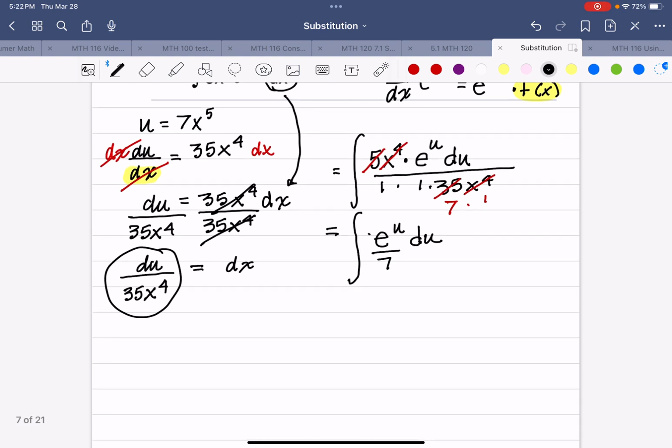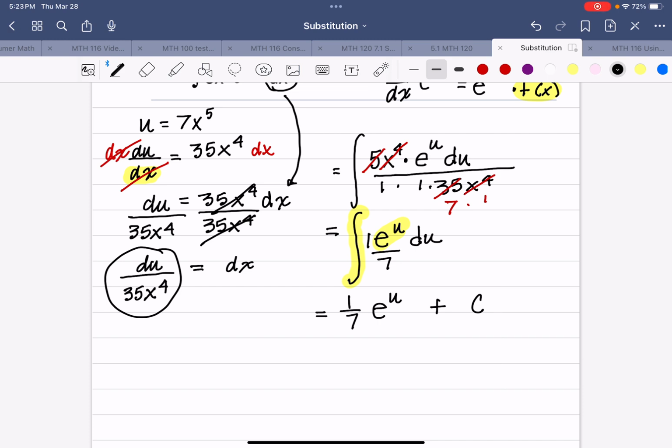Now remember, this is the coefficient 1/7, so I'll just put the 1/7 here. And then when I take the integral of e to the u, it's very easy, it's just e to the u plus c. So 1/7 e to the u plus c.